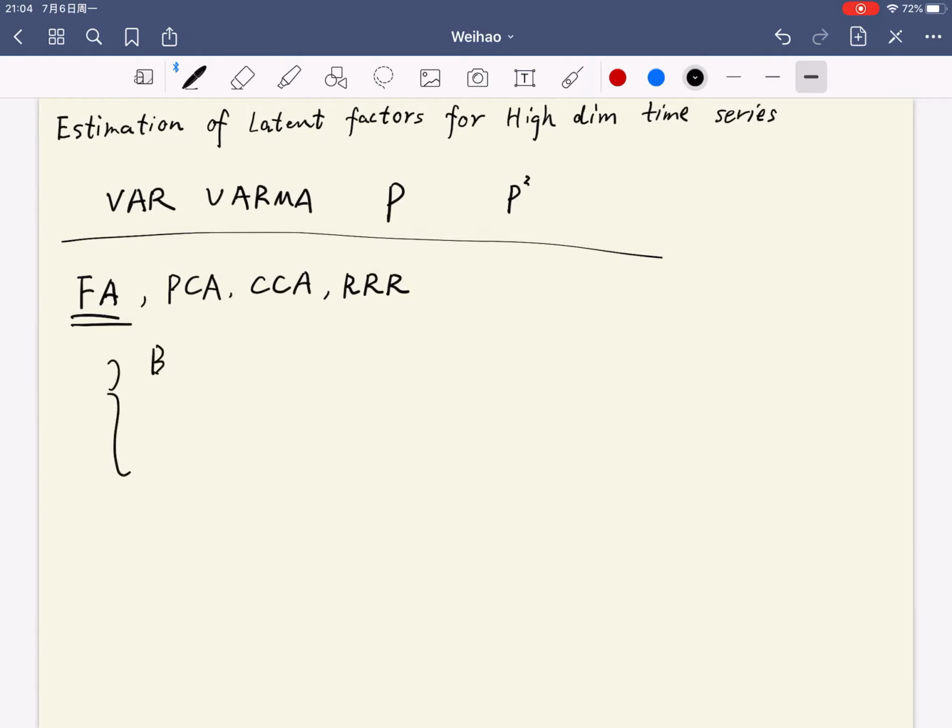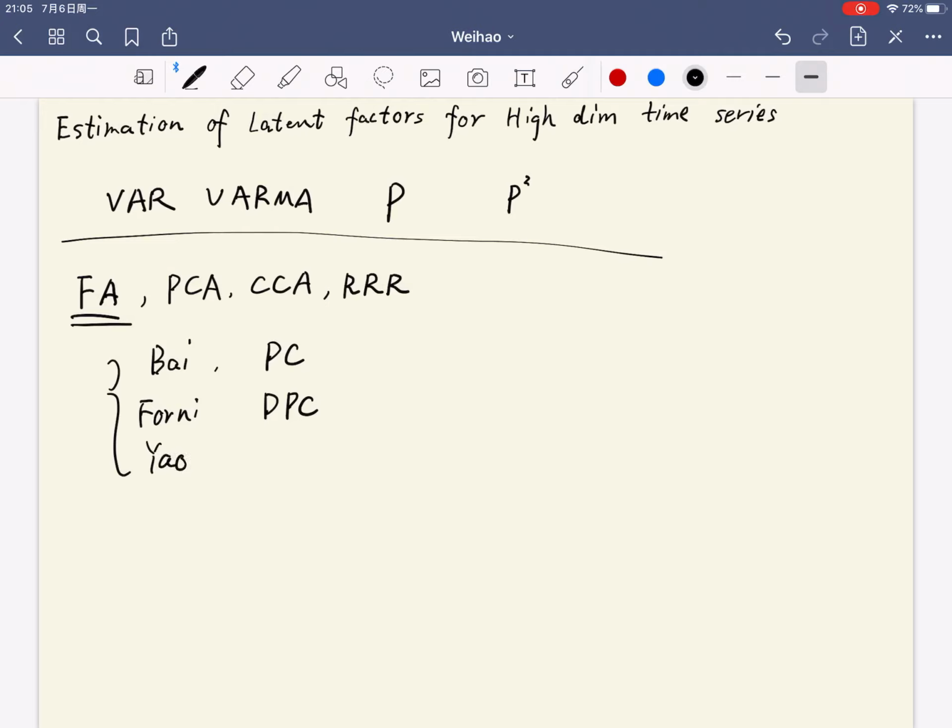Professor Jushan Bai from Columbia University applies the principal component estimator, and Forni and some researchers from Europe use the dynamic principal component method. We will focus on Professor Yao's method.